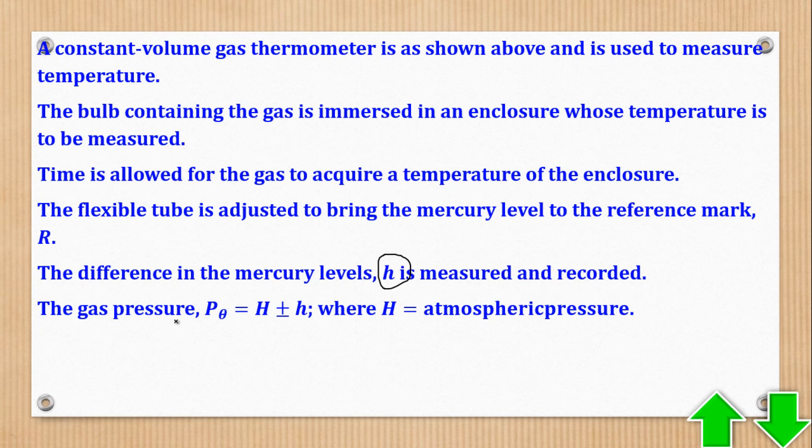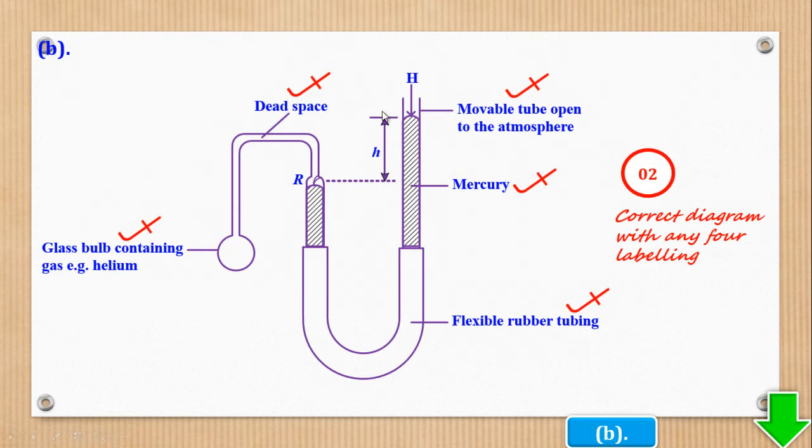The gas pressure P theta will be equal to H plus or minus small h, where H is the atmospheric pressure. We are saying plus or minus because it depends on this difference. The difference can be below. For example, here it means that the pressure at this point is equal to this plus this.